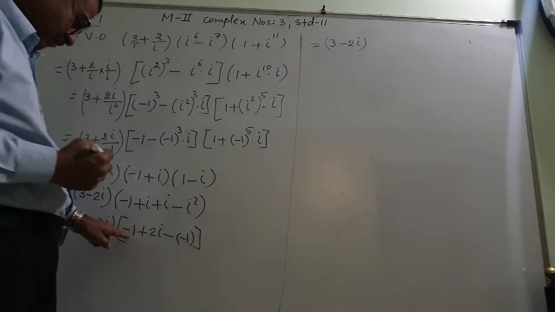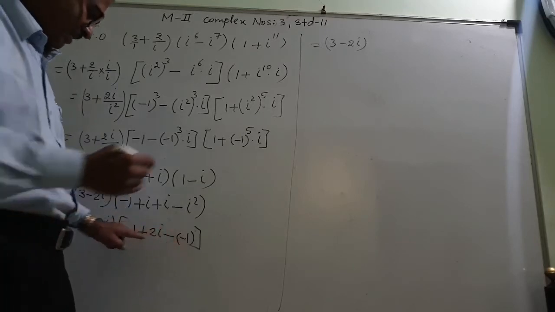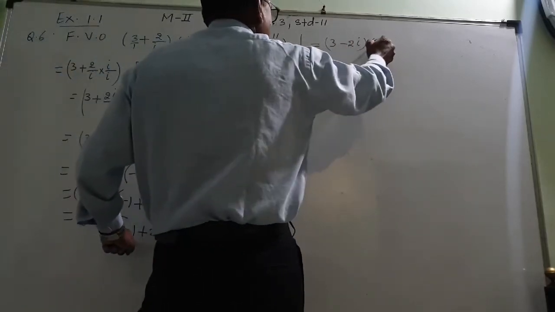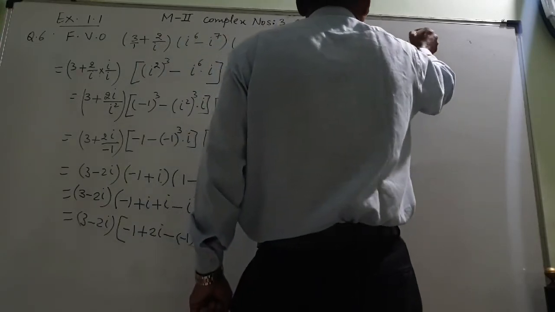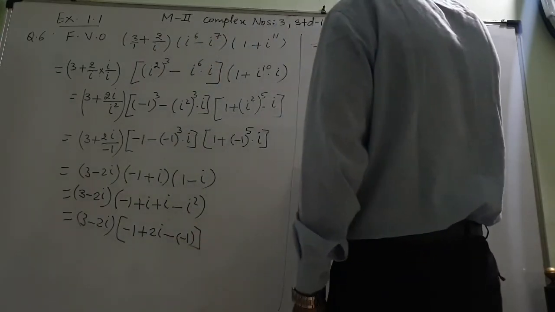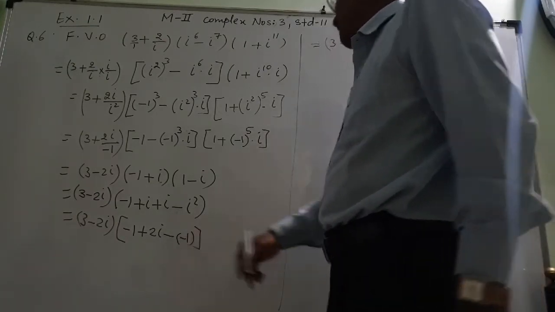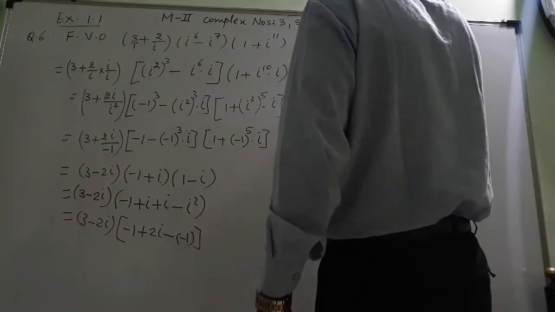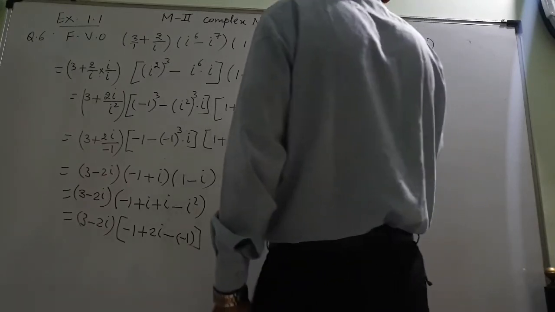And this, this minus 1, this minus minus will become plus 1. Okay, I will solve it. Minus 1 plus 2i. And this will become plus 1. So this minus 1 and this plus 1 will get cancelled. So that is equal to, what is the answer?